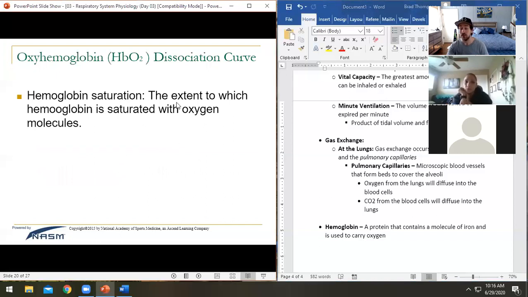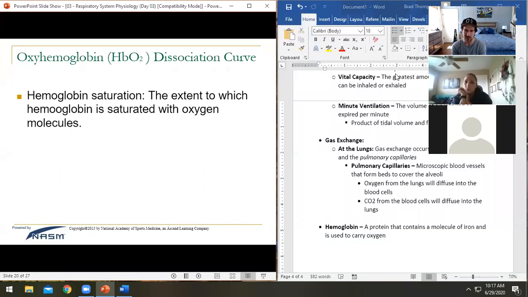So there is something which is called hemoglobin saturation. This is the extent to which hemoglobin is attaching to those oxygen molecules. Now, here's what's kind of weird about this. This actually is kind of a hard process. We're designed to do this. We are designed to have hemoglobin attached to oxygen, and we're designed to have hemoglobin also attached to carbon dioxide.